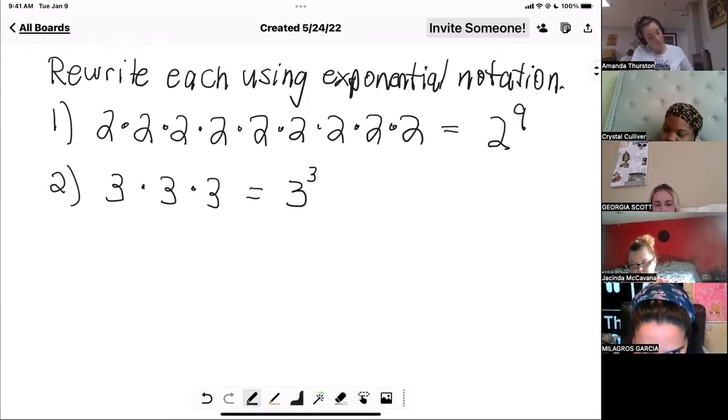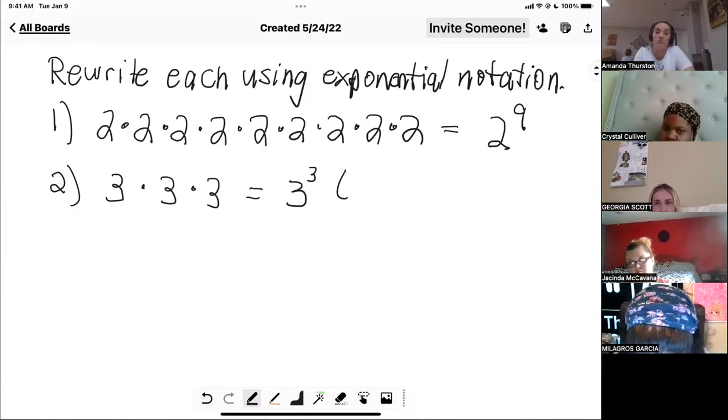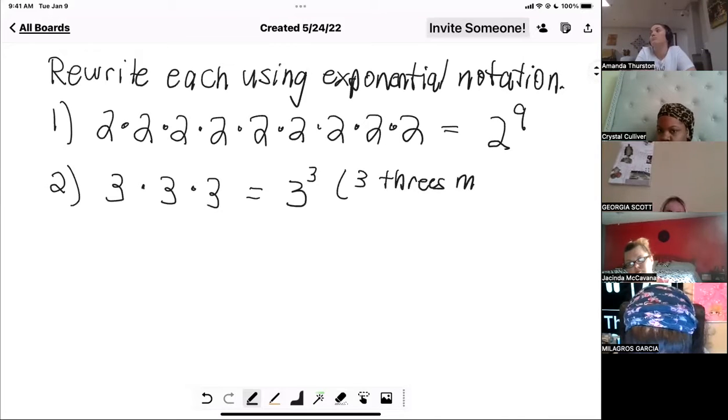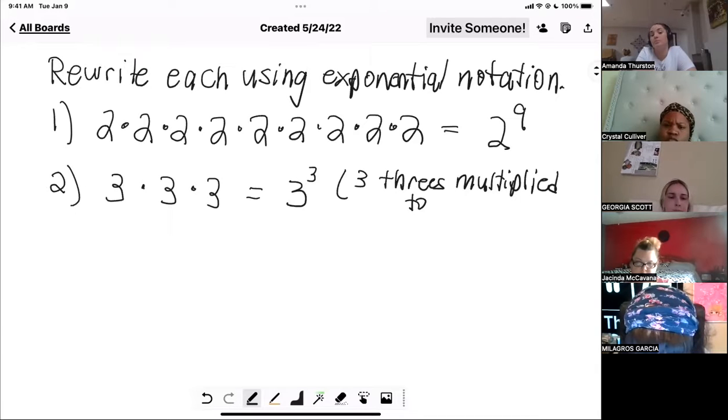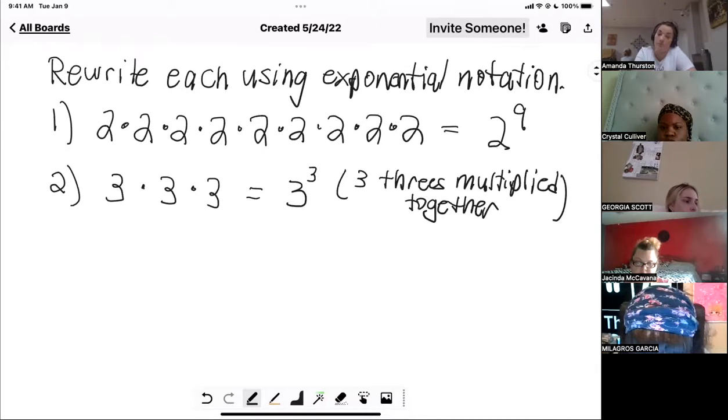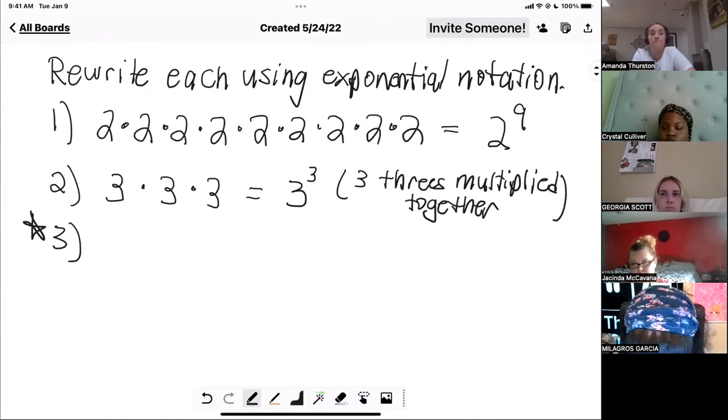It means I have 3 3's multiplied together. I wrote that down so you have something if you want to write it down too. It just means 3 3's all multiplied together. One to be very careful for is this one. I'm going to put a little star here.